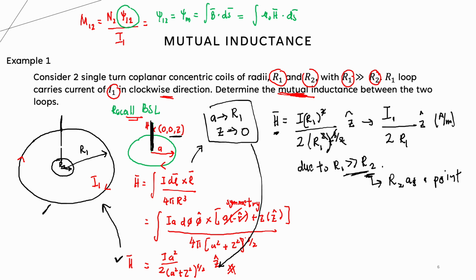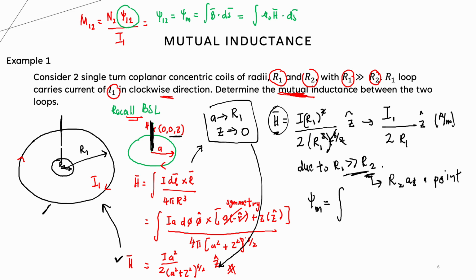So from here we can calculate the value of flux. R2 is a point, so we can neglect the effect of R2 on the H field.